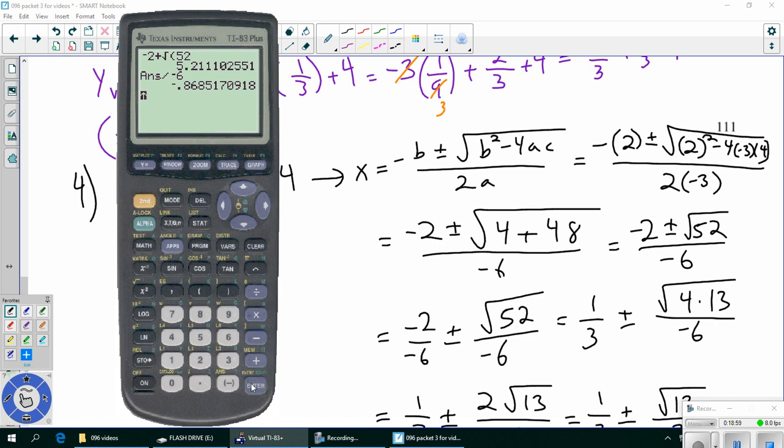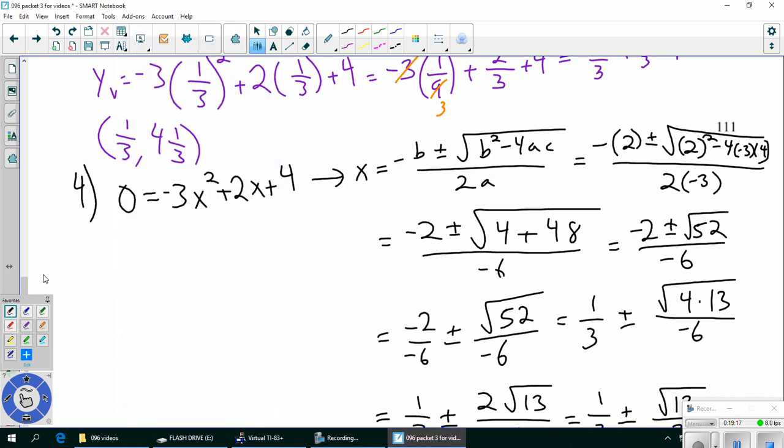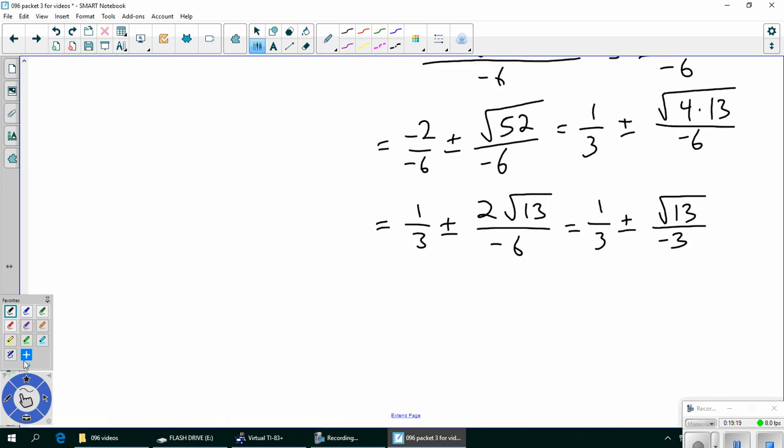And then if I do second entry twice, then I can just come over here and replace the plus with a minus. So that's the minus part of the plus minus. And then we can divide that thing by negative 6 and get our other answer. So right around negative 0.87 and 1.54.